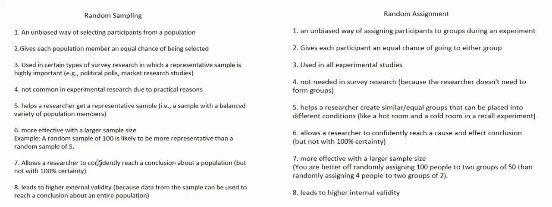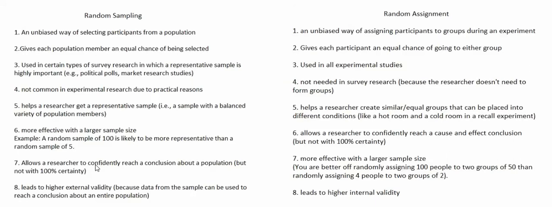Now let's move down. So random sampling allows a researcher to confidently reach a conclusion about a population in a survey study. It allows a researcher to confidently reach an inference about a bigger population, like an inference about social media use or something like that, but not with 100% certainty, so it's still an inference.